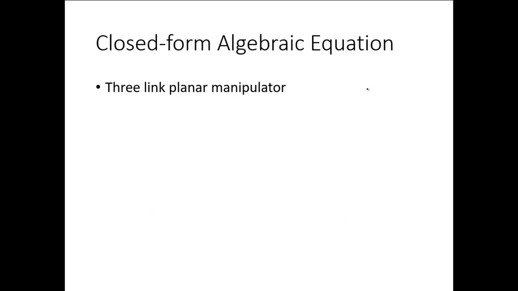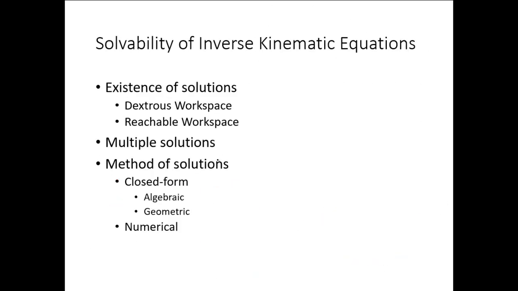As you have seen here, we have algebraic solutions, geometric solutions, and numerical solutions. Algebraic solutions are those where you have a closed form solution, where you have an equation relating the end effector with the joint coordinates. So the equation is pretty straightforward. You find a relation between the x, y, z and the thetas. Geometric, you can take advantage of the geometry of the manipulator.